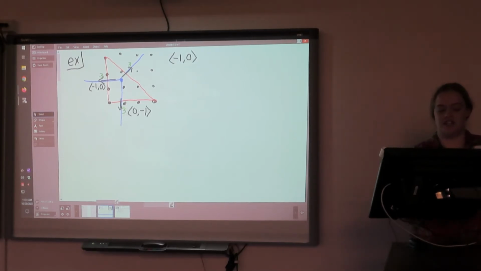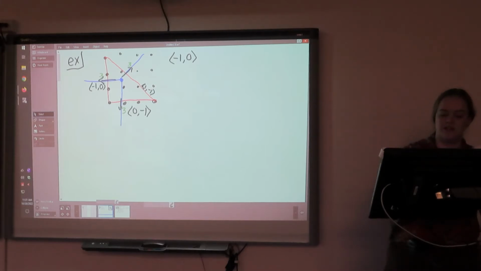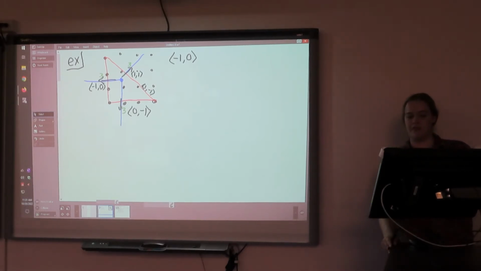That edge is going down 1 over 1, so that edge is going 1, negative 1. So we need something perpendicular to that. And to find perpendicular, you switch the coordinates and make one of them negative. So that vector is going in the direction of 1, 1. And that has GCD 1, so we're good.